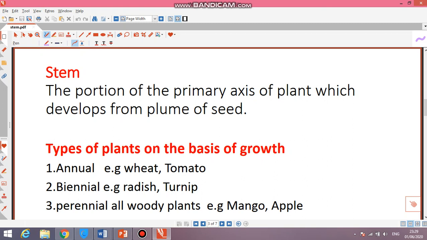For example, let me draw its diagram. For example, this is a stem, and here there are nodes from where a new branch or leaf is going to arise, and this area is known as node.